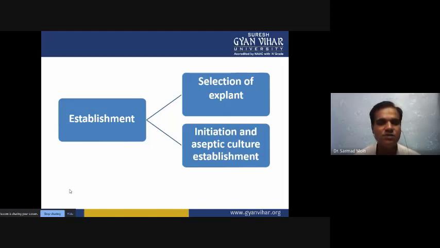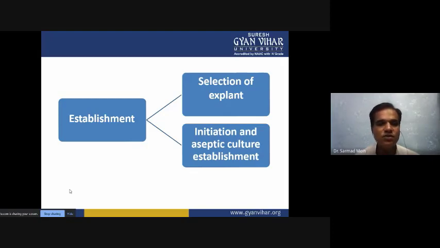We rinse with HgCl2 for just 1 to 2 minutes, because if we increase the timing, the mercury chloride can penetrate inside the cells and kill them. So we should not increase the timing unless there is a heavy load of microorganisms on the surface of the explant.